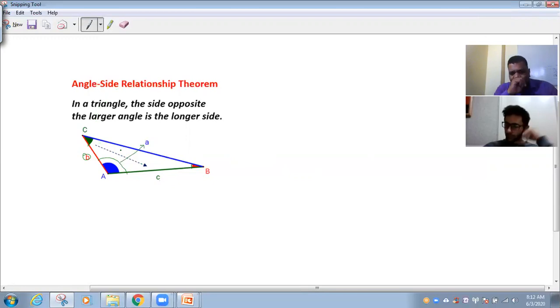Read and copy. So you understand, in any triangle, if an angle is big, the opposite side is big. If an angle is small, the opposite side is also small.